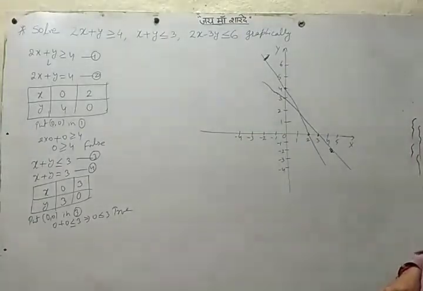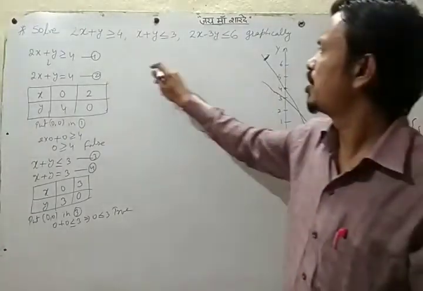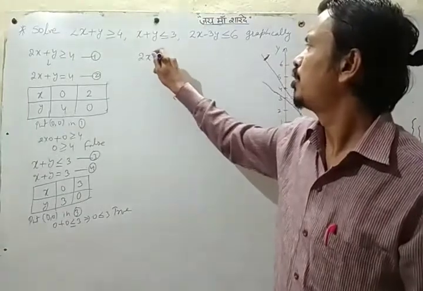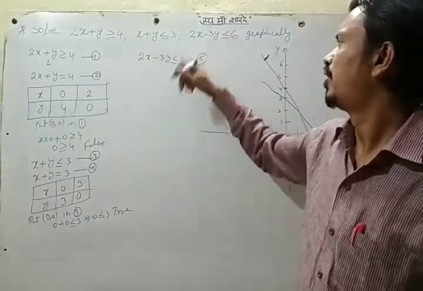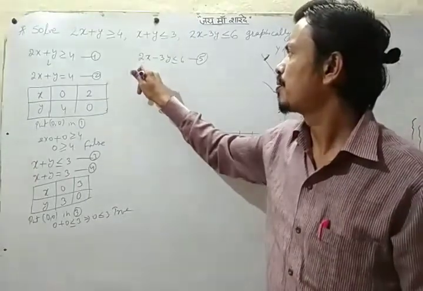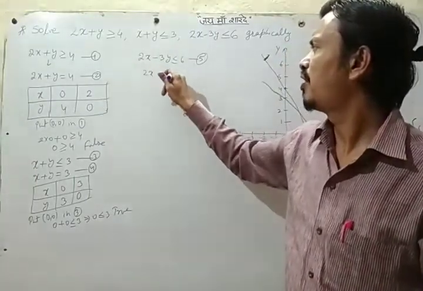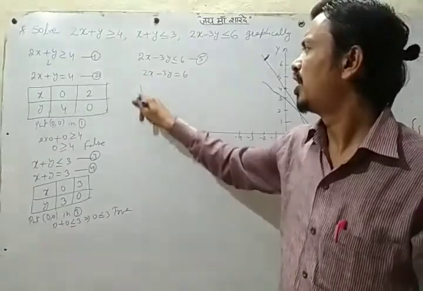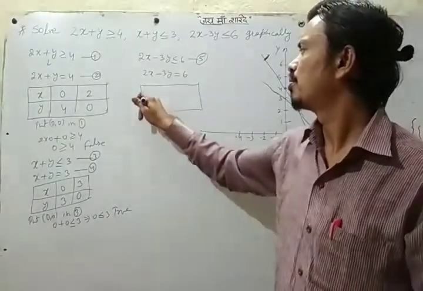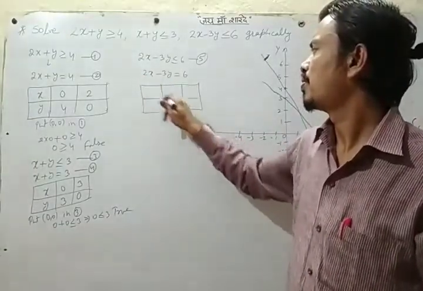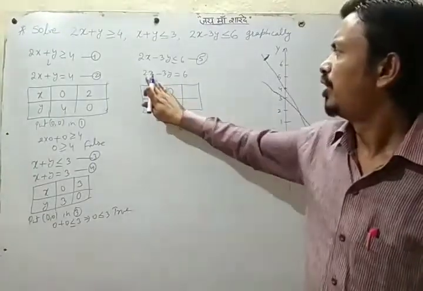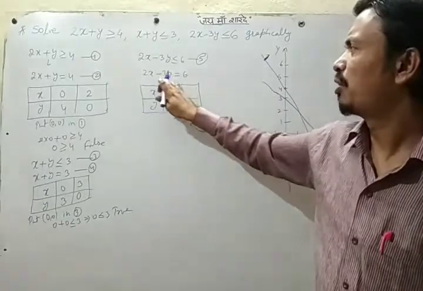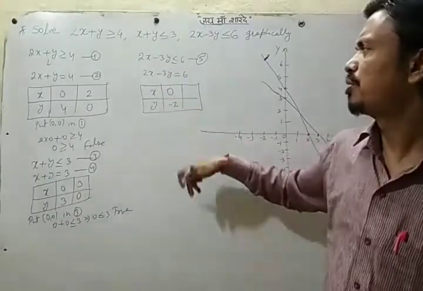Now for the third inequation, 2x minus 3y less than or equal to 6, it is number 5. Its equation will be 2x minus 3y equal to 6. Then its solution: when x is 0, then minus 3y equal to 6, y will be minus 2.